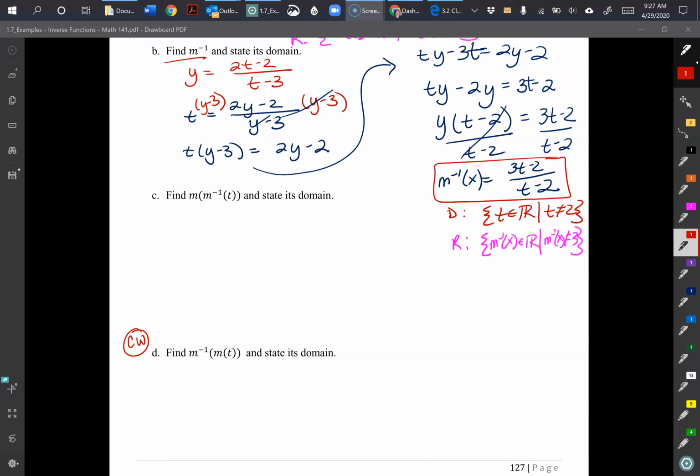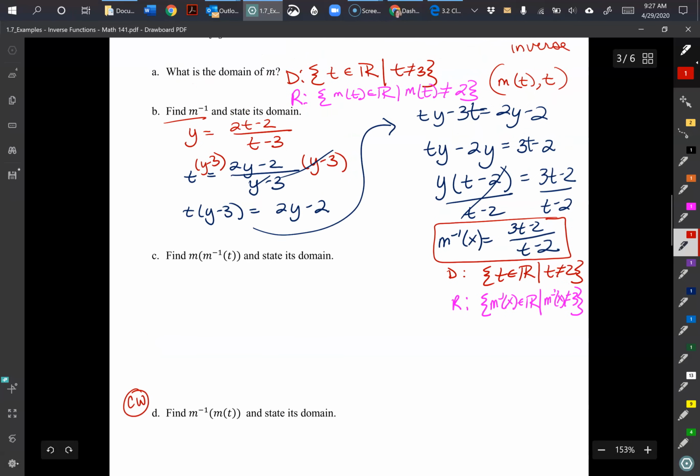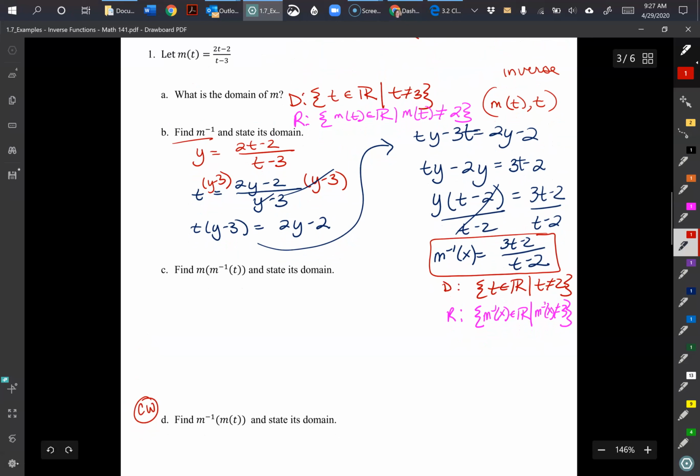So I'm going to look back up. I'm going to shrink this up a little. So we have the m inverse. I'm going to plug it into the m function. So I will end up getting m of (3t minus 2) over (t minus 2).